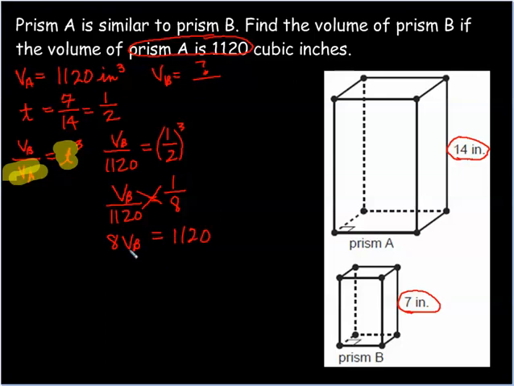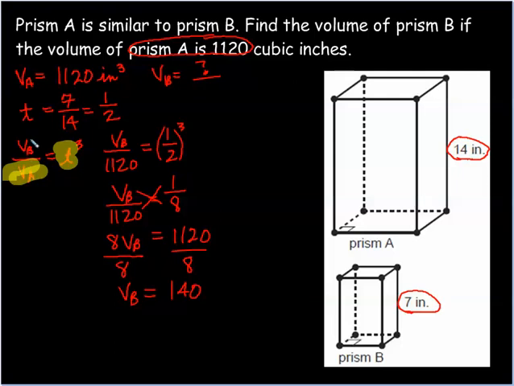Now remember, VB is kind of like a variable right now, an X, and we want to get it all by itself, because that's what we're trying to find out here, is what is the volume of prism B. So I'm going to divide both sides by 8, and 1120 divided by 8 is going to give me 140.